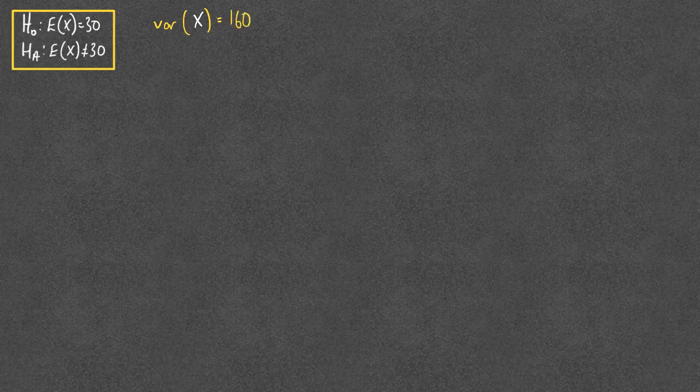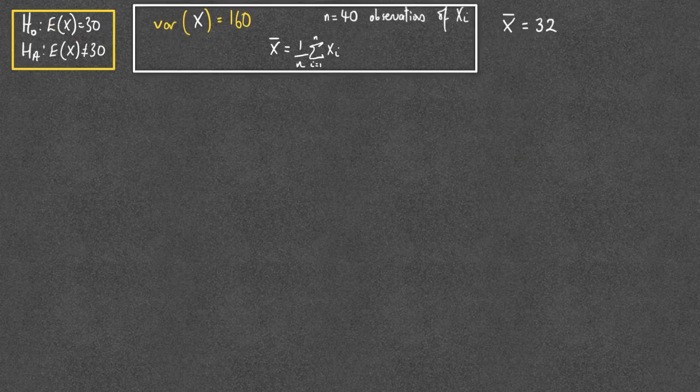We randomly sample 40 independent and identically distributed observations of x, and we construct the sample mean, x bar, which is equal to 1 over n times the sum of the xi's. Now, at first, we want to test the null hypothesis that the expected value is equal to 30. So how are we going to do this?